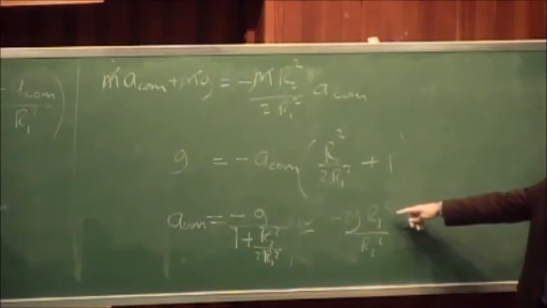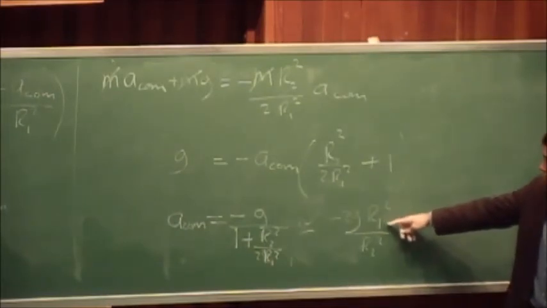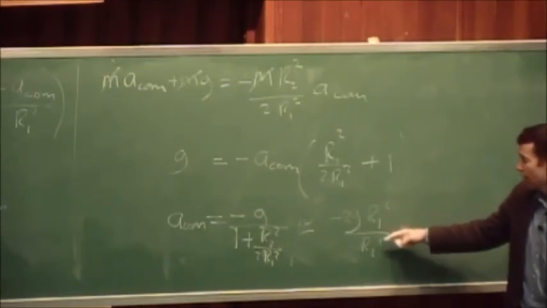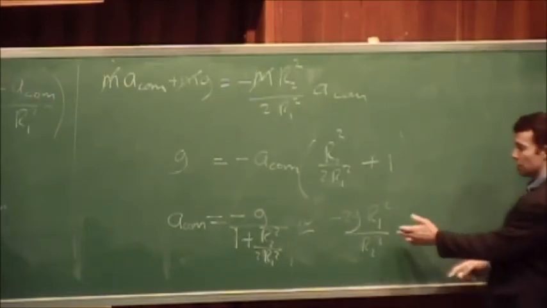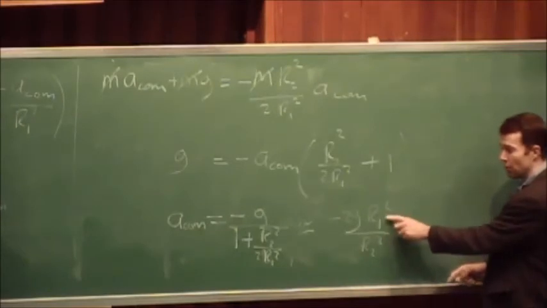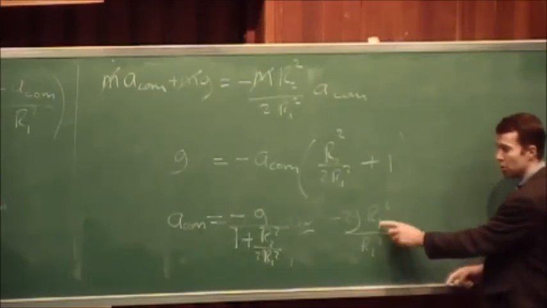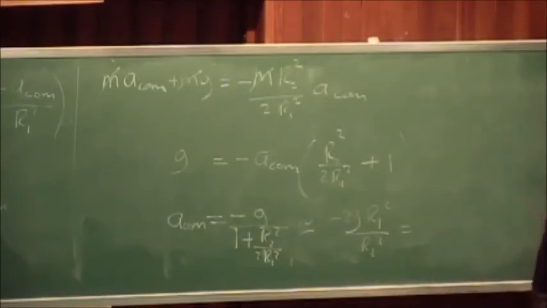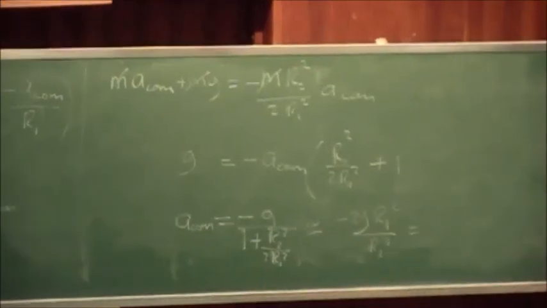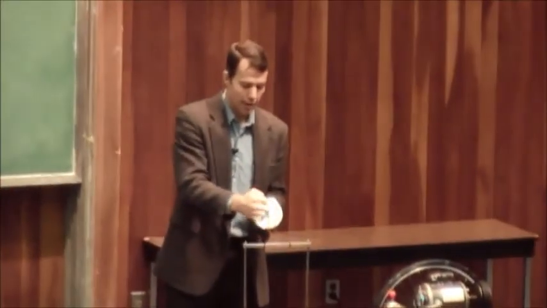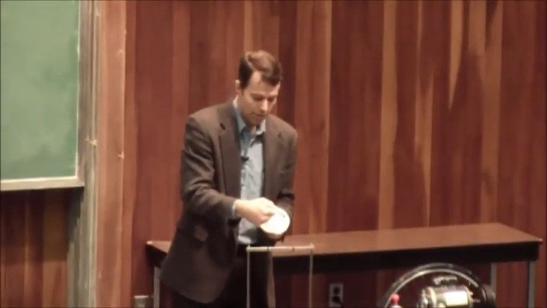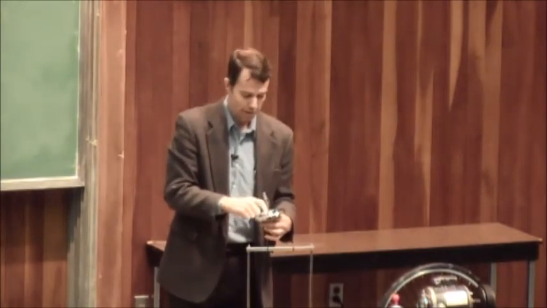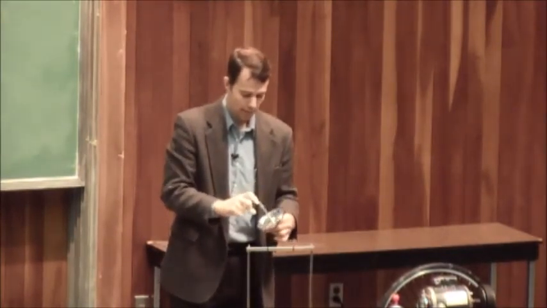So now we can see that the acceleration of the center of mass can be dramatically slowed by having a large r2 relative to r1. So that's the case that we have in this particular situation. We have a very small radius, say 5 millimeters, divided by, say, 5 centimeters, something along that line.